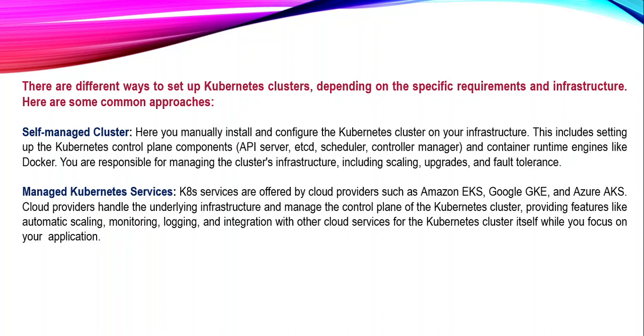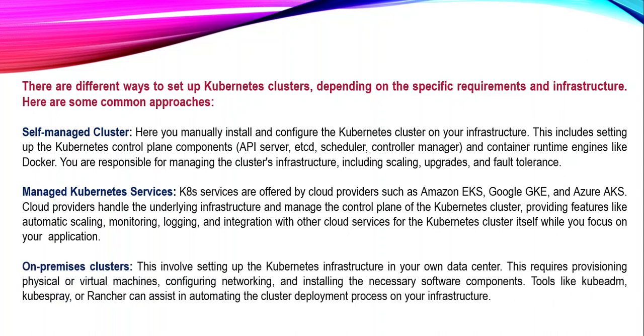The cloud providers help you manage the underlying infrastructure and the control plane of your Kubernetes cluster, providing features such as automatic scaling, monitoring, logging, and integration with other cloud services. This is for the Kubernetes cluster itself, while you focus on your application, the monitoring of your application, and some other stuff. All right, so this is managed Kubernetes services.